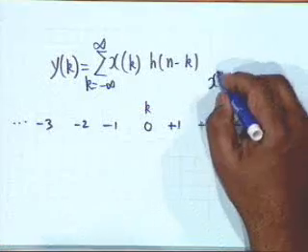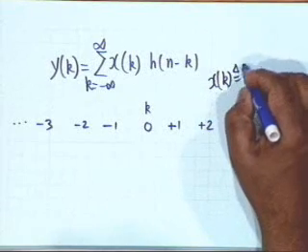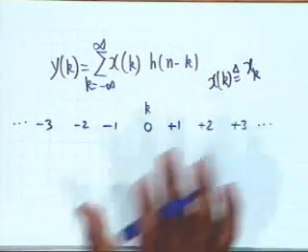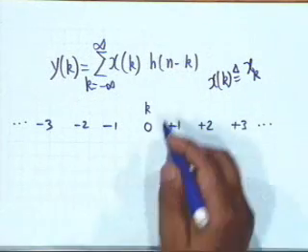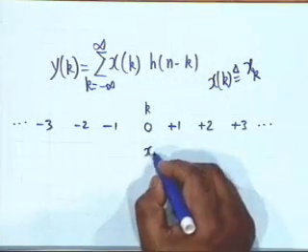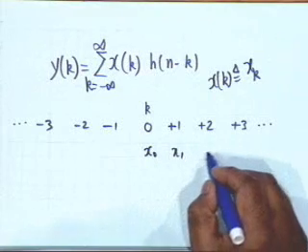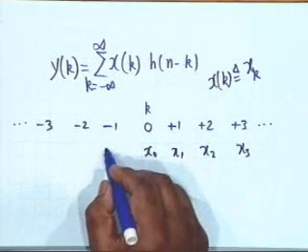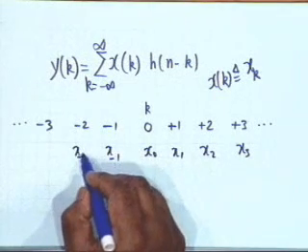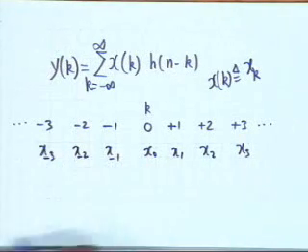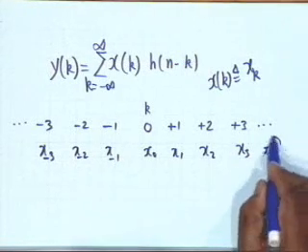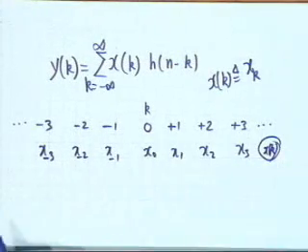I will write it as a subscript, if you permit. We shall write this as x sub k, so that I conserve some space. Then what I do is I write the signals x0, x1, x2, x3. Then I write here x of minus 1, x of minus 2, x of minus 3. This line is x of k.